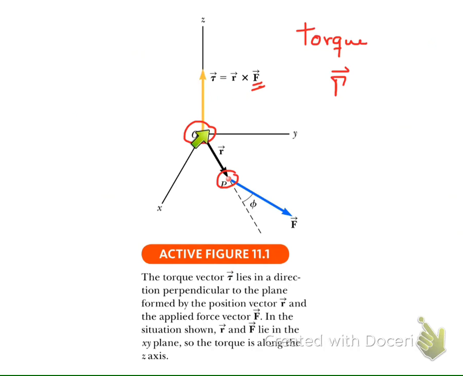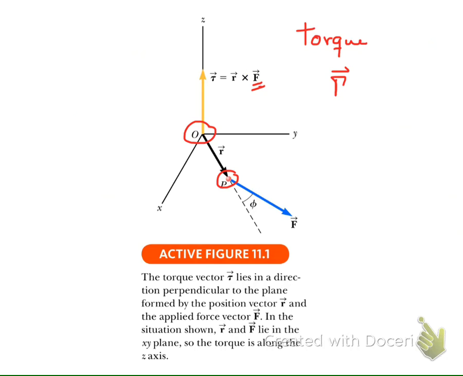Here, R is the position vector pointing from O to the position of the particle, like this. So we define that torque is equal to R cross F. The direction of the torque follows the right-hand rule.